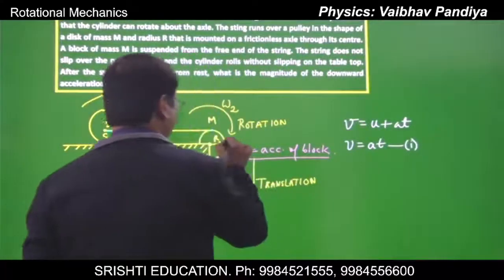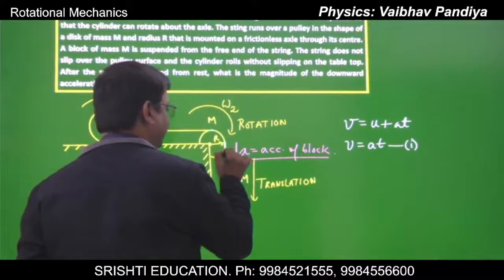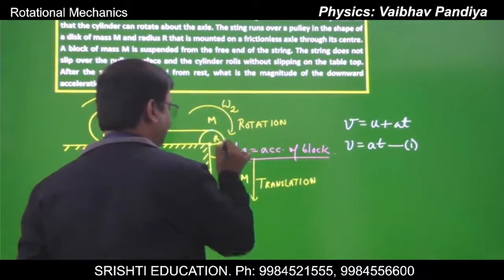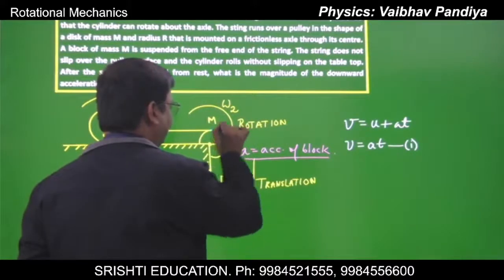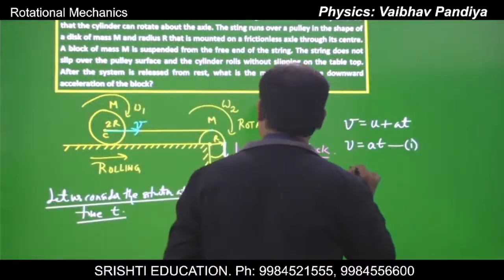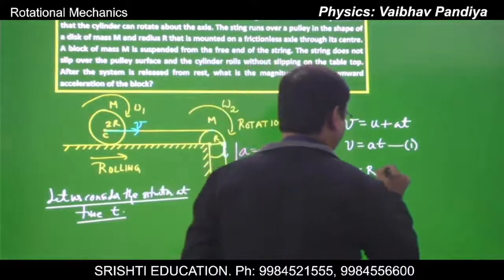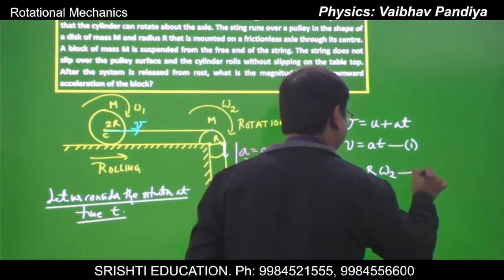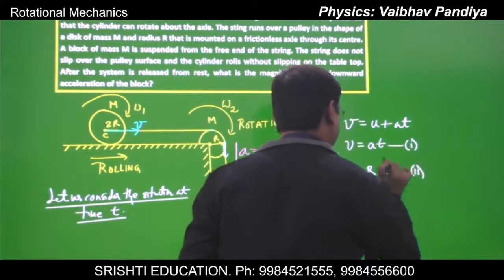Now, since this point will also have the same linear speed v as the block because the string is not slipping, we can write v is equal to r omega 2, where the radius is r and the angular speed is omega 2, on the basis that the string is not slipping.